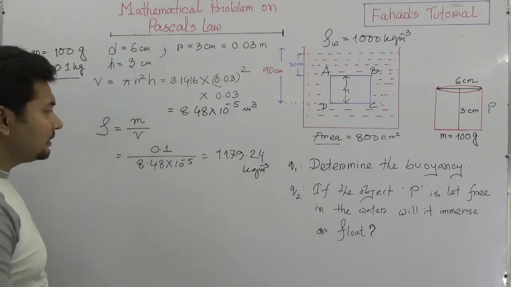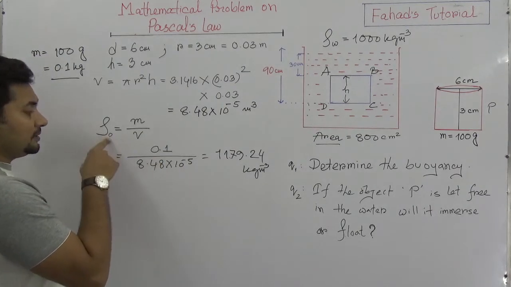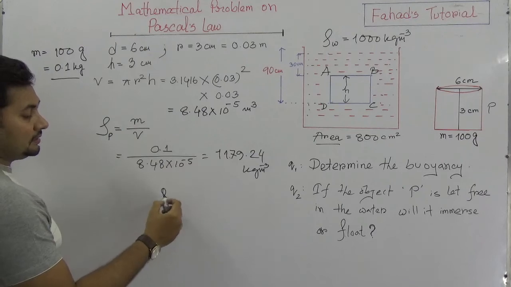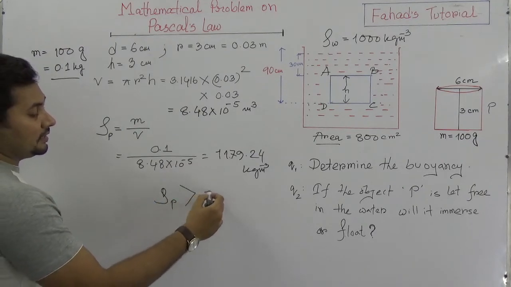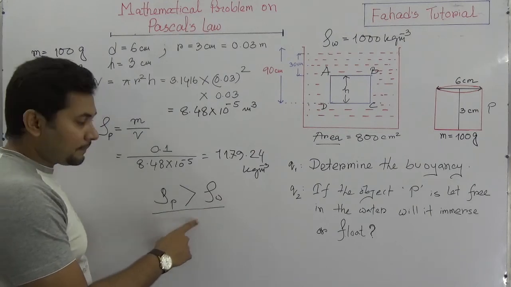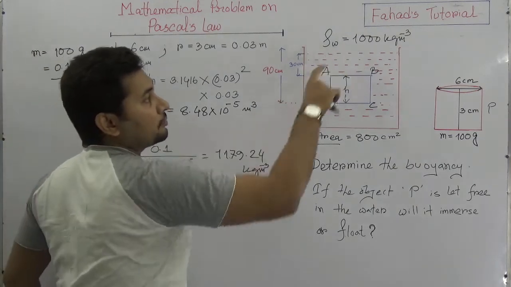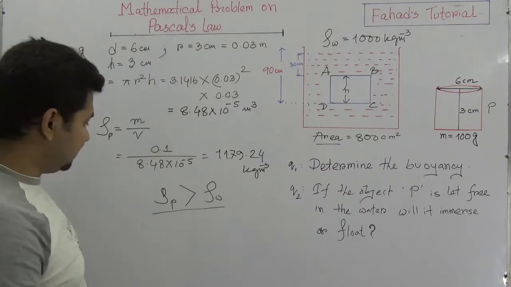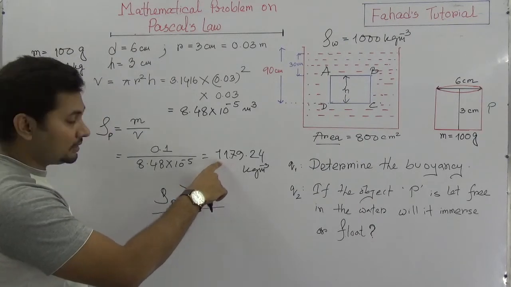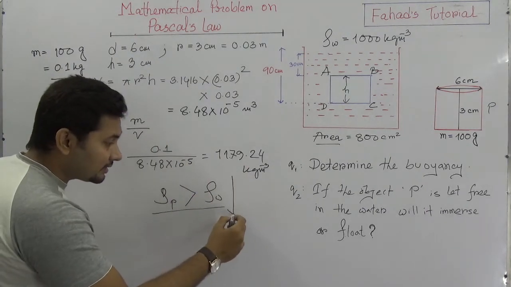Now you see the density of the object is greater than the density of water. Because we know that the density of water is 1000 kilogram per meter cube, but the density of this object is more than water, that means it will sink into the water.